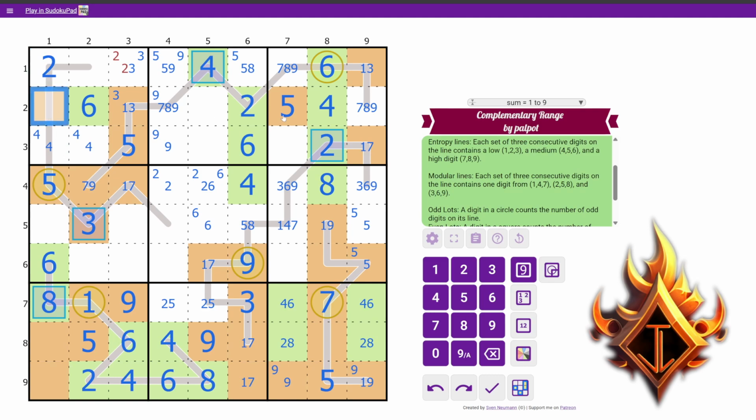This will be 3 or 9. This will be 2, 5, or 8. But it cannot be 2, because 2 is locked to this line here. So now we're having a 5, 8 combo, which is removing that and putting 5 there.